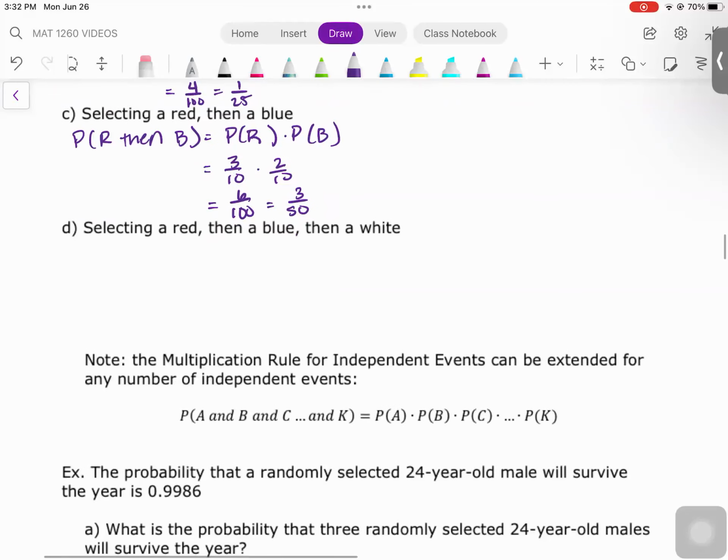Find the probability of selecting a red, then a blue, then a white marble. Well, this is just an extension of that multiplication rule. It'd be the probability of red times the probability of blue times the probability of white.